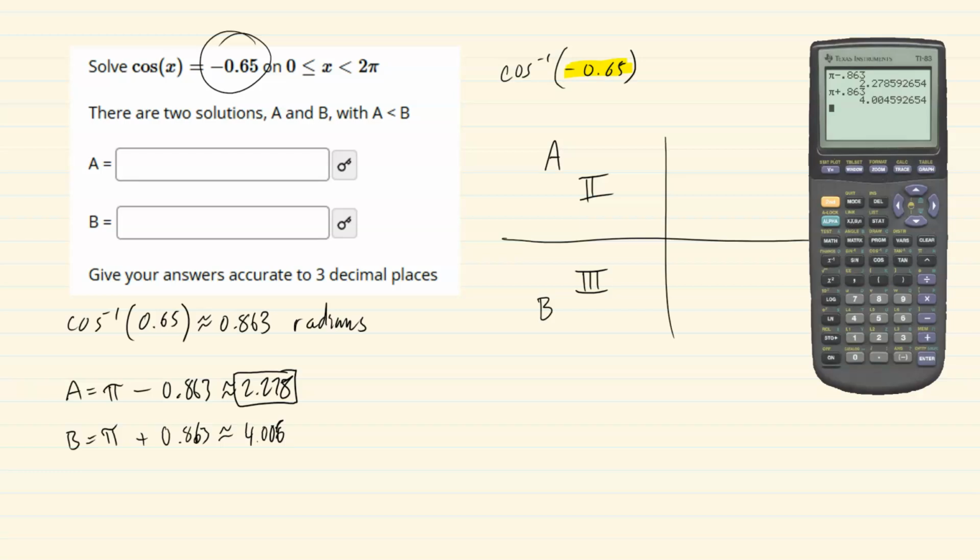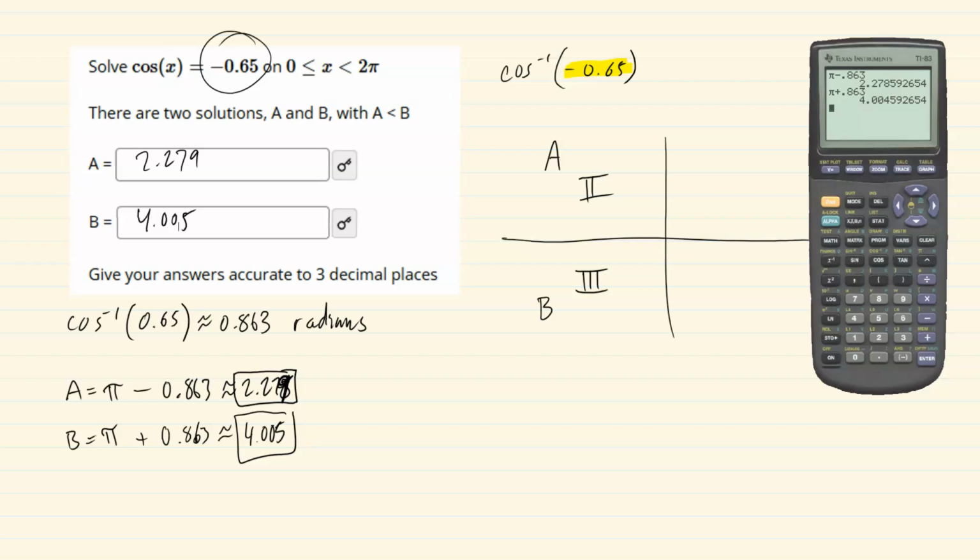Oh, it looks like that might actually be a 5, maybe due to rounding error. Did I enter it right? Yeah, it looks like it. And this is actually a 9. Either way, that's how you would go about finding the solution. So that would be 2.279 and 4.005. Depending on how you round things, you'll get the following solutions.